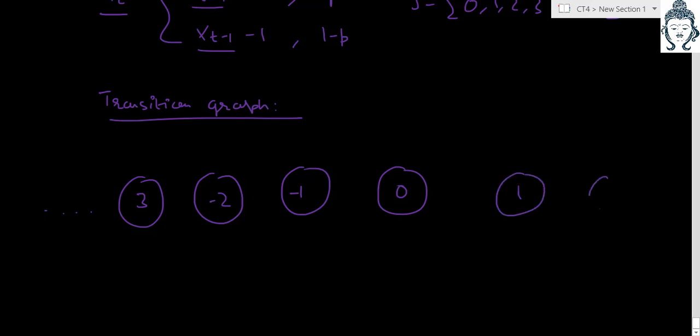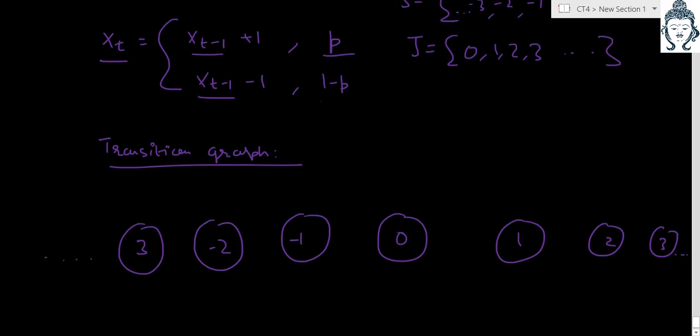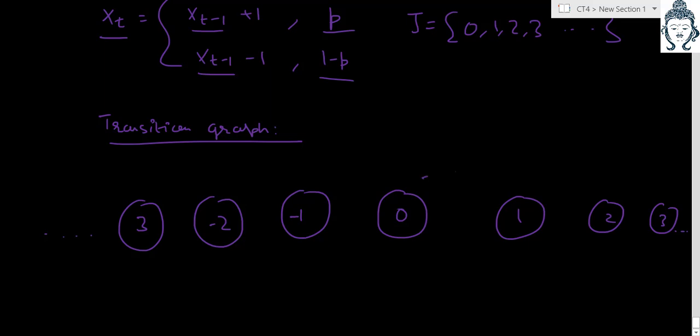This side you have 1, 2 and 3, and these states will keep on going, okay? The probability of moving forward is P, and the probability of moving backward is 1 minus P, right? So if you are at 0, you will move to 1 with probability P, and you will go back to -1 with probability 1 minus P.